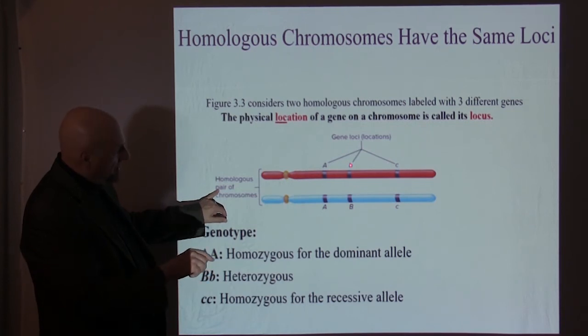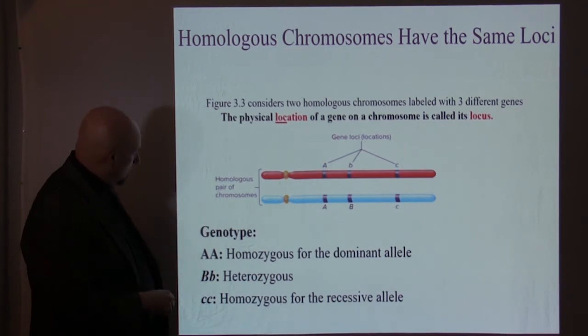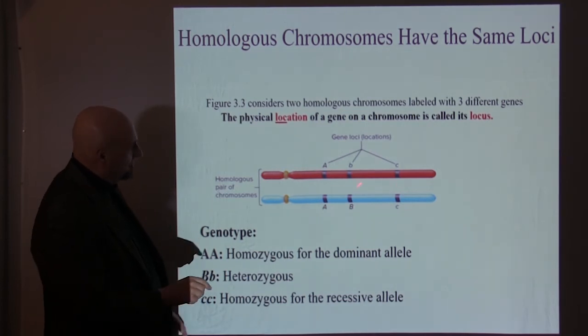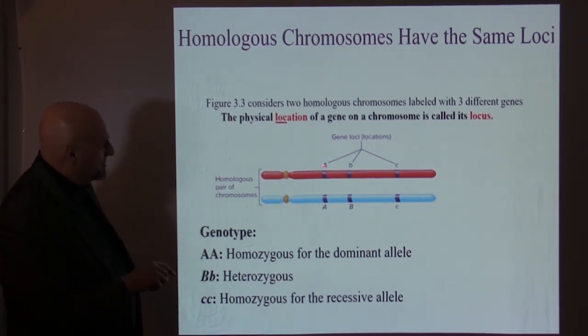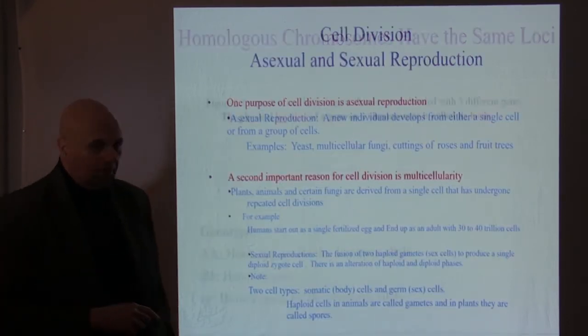So this would be a heterozygote. Here's a homozygote over here. This is homozygous for the dominant allele. This is heterozygous for this one. And this is homozygous for a recessive allele. So each one of these is a gene locus.